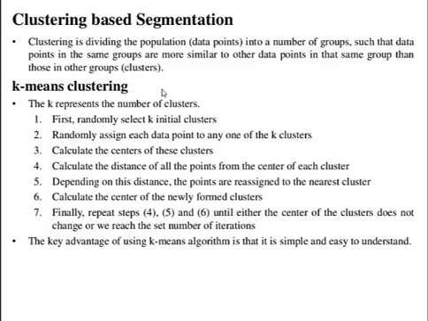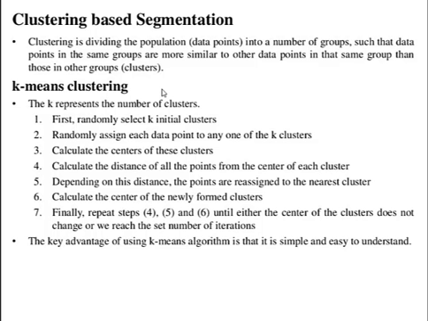Then calculate the distance of all points from the clusters. Depending on the distance, the points are reassigned to the nearest cluster. Find the center of the newly formed clusters. Like suppose n number of clusters, like four clusters are formed, so find the center of four clusters. Plot the four clusters at four different points, form one closed figure and make its center.